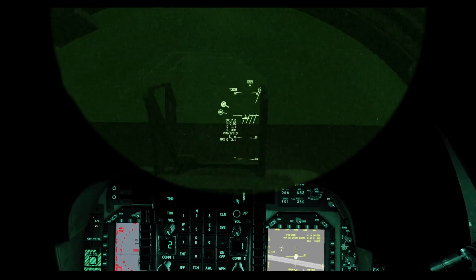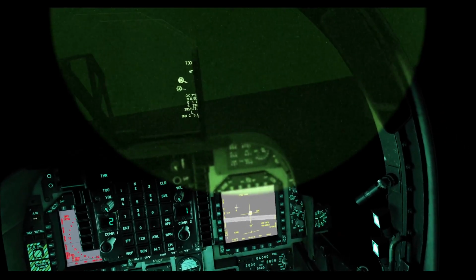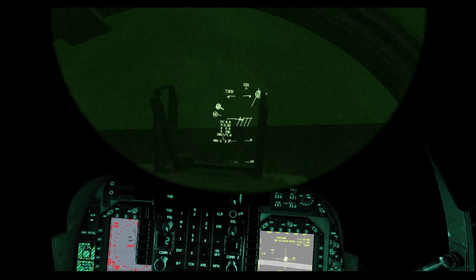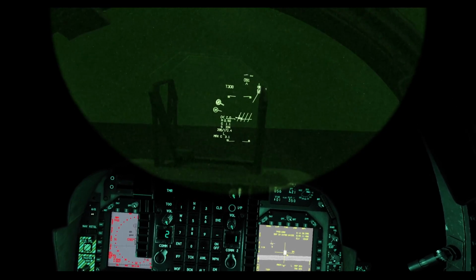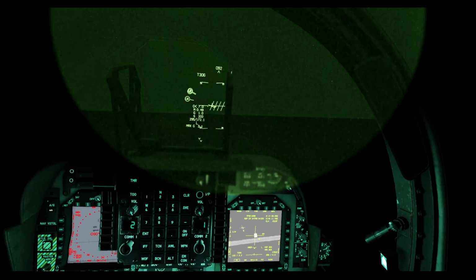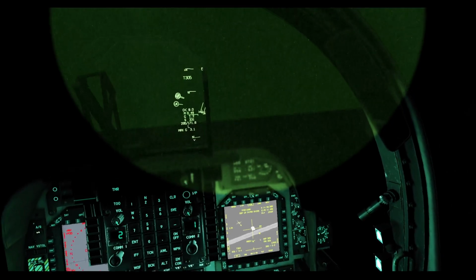Lasers off. Seconds. Two, one away. Request laser. 1-1, laser on, code 1688.